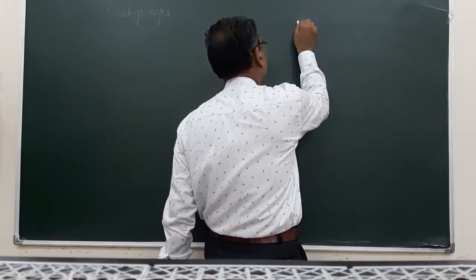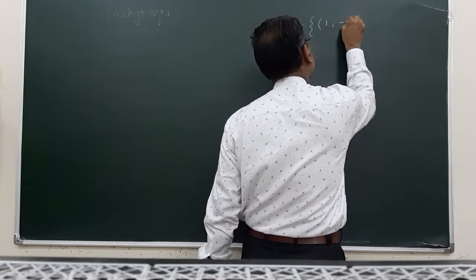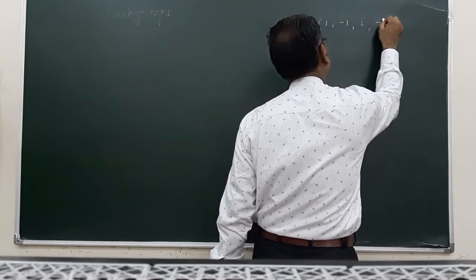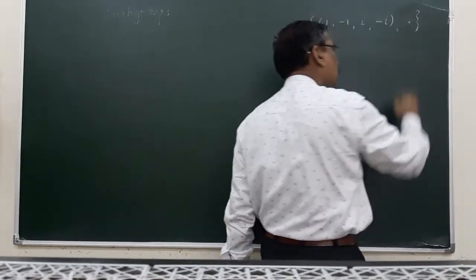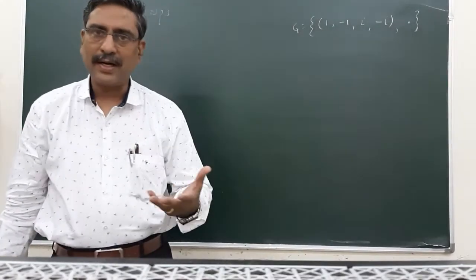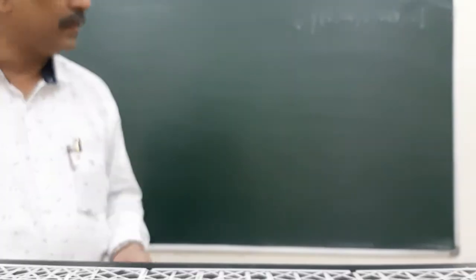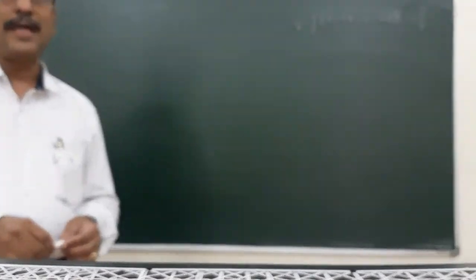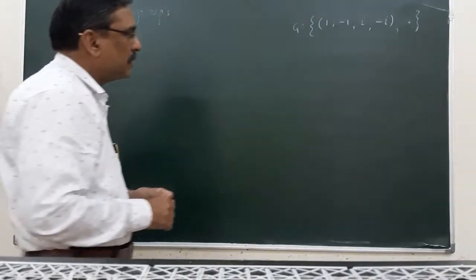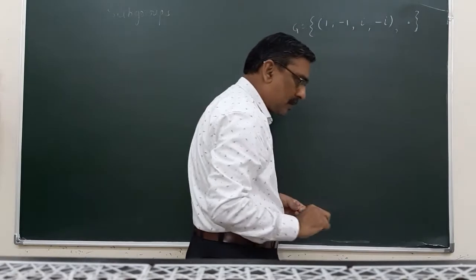Say we have a group {1, -1, i, -i}. This is a group. We defined it earlier many times, and we used it to prove many properties of groups. This group has 4 elements.